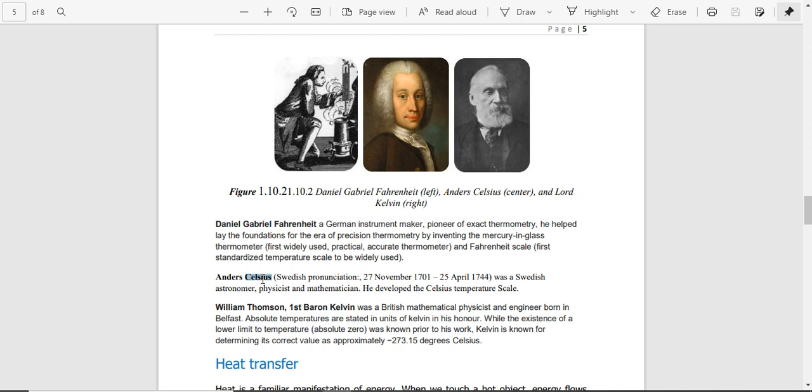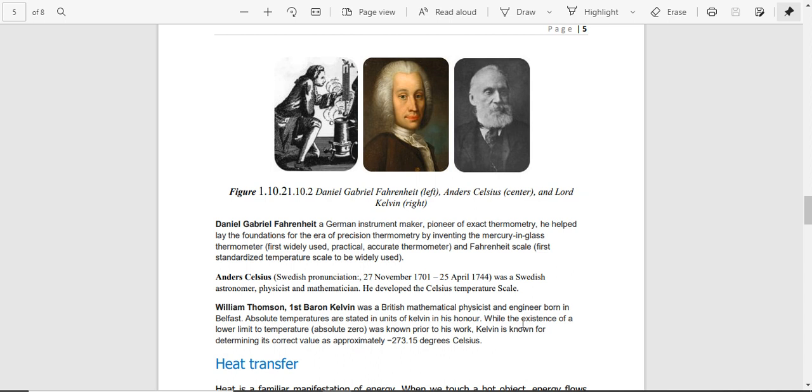Next, you have William Thomson, First Baron Kelvin. Okay, so another name is Lord Kelvin. This is a British mathematical physicist and engineer born in Belfast. Absolute temperature's standard unit is Kelvin, in his honor.